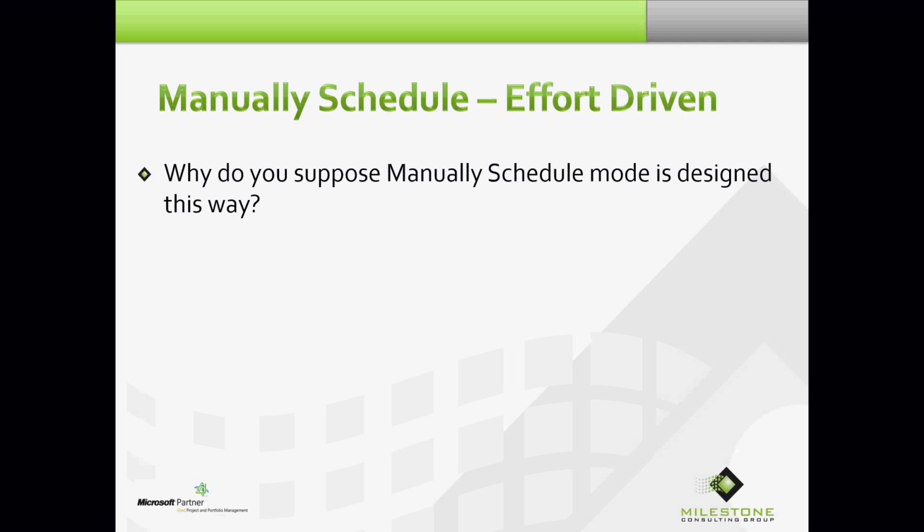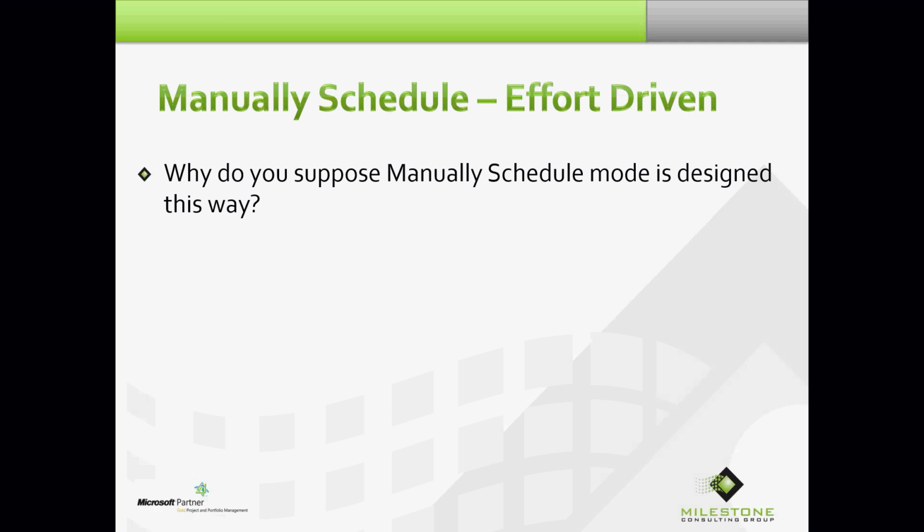So you get to a point where you say, why? Why do you suppose manually scheduled mode is designed this way? And you go back in time and you think about one of the number one complaints that people have had with Project over the years: I don't understand why Project is always changing my dates. Well, there is no feature in Microsoft Project called fixed dates, so there's no way to permanently fix dates.